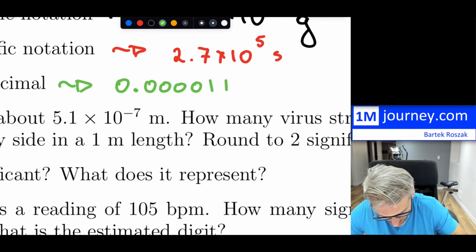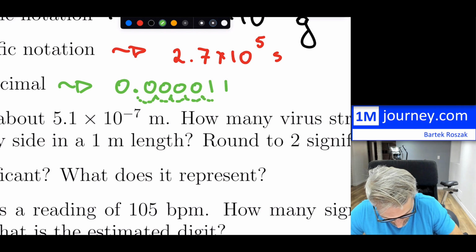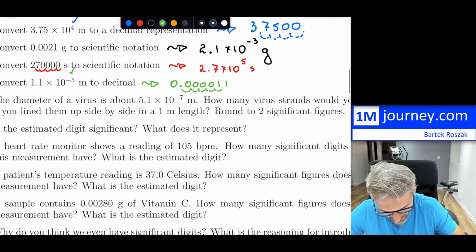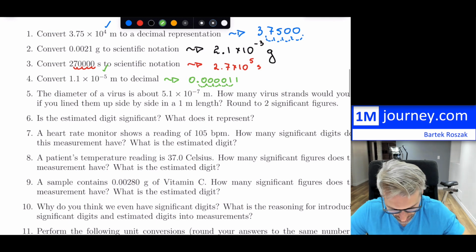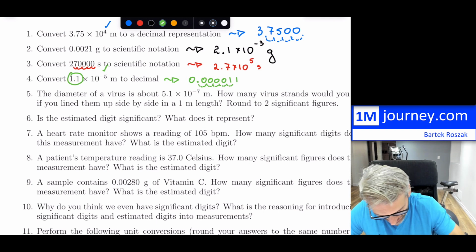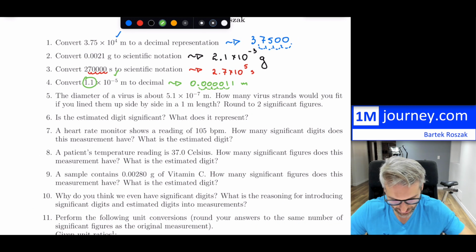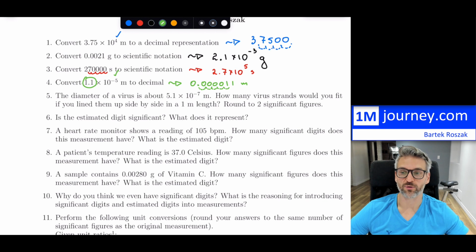This would have been 1, 2, 3, 4, and 5. Because it's negative, we're shifting the decimal over to the left. Then you can put this in meters if you wanted to. So that's question 4.